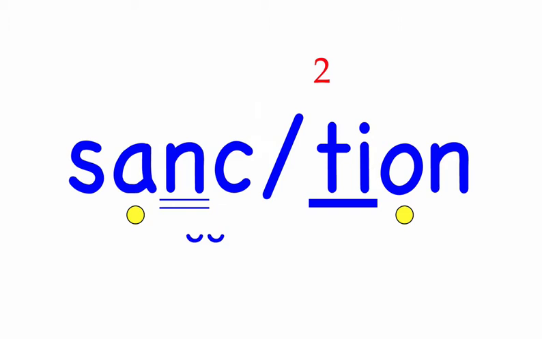Here, we have to remember to indicate that NC is a blend that must remain together in the first syllable of this word. So we put our blend mark under NC, and it counts as a unit of 1 when determining where to divide the word into syllables. And then finally, we associate vowel group numbers with our vowel sounds. And the word is sanction, and we would say in conversation, sanction.